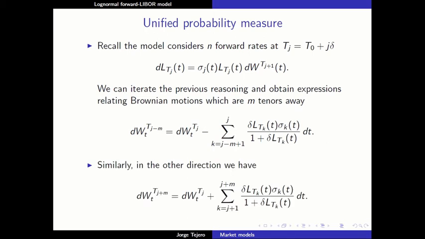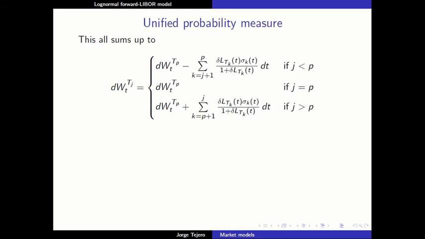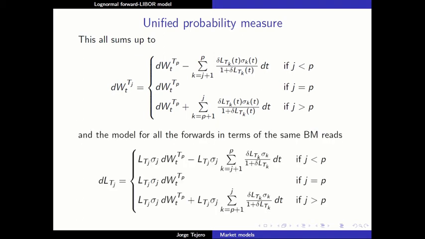Similarly, we can also obtain an expression for Brownian motions where the direction of the shift is positive instead of negative that we had obtained previously. Altogether, we have the following relation between Brownian motions. And also we have the following expressions for all the LIBOR rates in terms of a unique Brownian motion in the P forward measure.